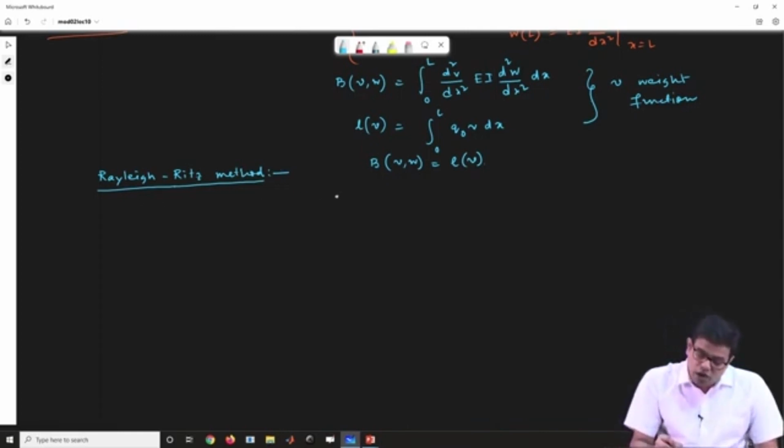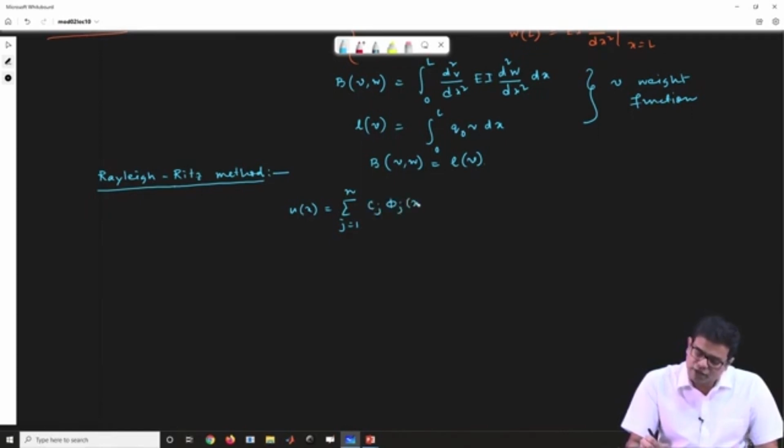So now if I want to approximate, let us consider any potential problem. Let us consider u, which I want to approximate. So u of x, let us approximate in this way: a sum over j equals 1 to n, an n-term approximation, of cj phi j.